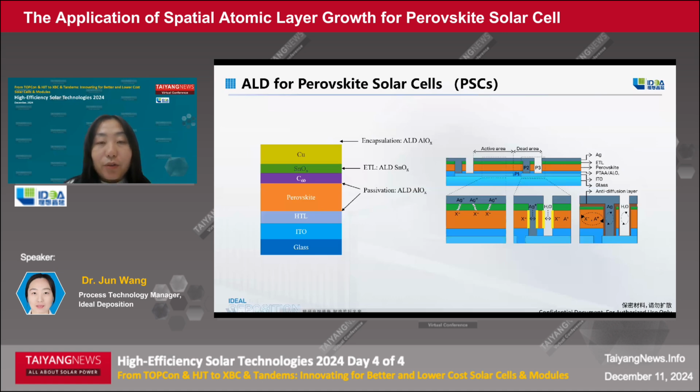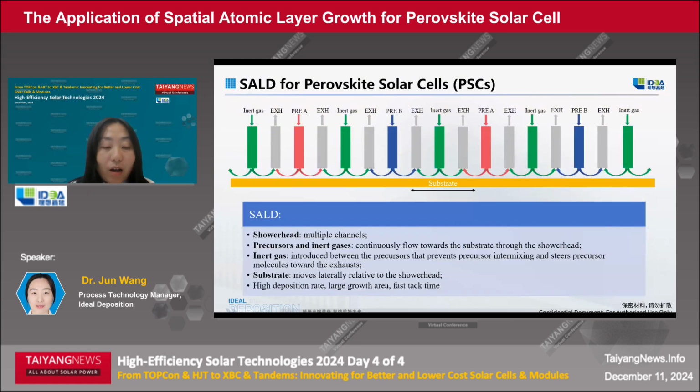Researchers have mainly focused on fabricating efficient electron and hole transport layers, such as tin oxide, zinc oxide, nickel oxide, and ultra-thin aluminum oxide passivation layers. However, the need for long purge steps severely limits the throughput of the ALD system.